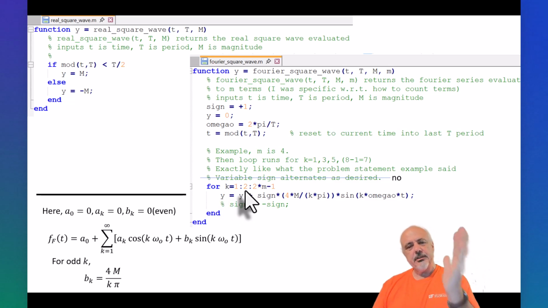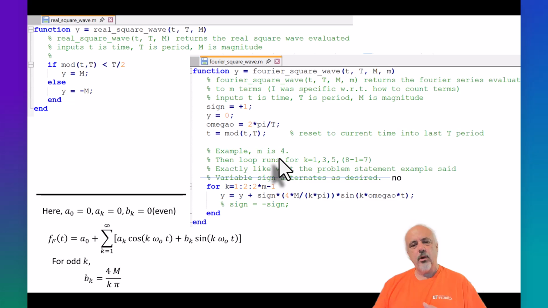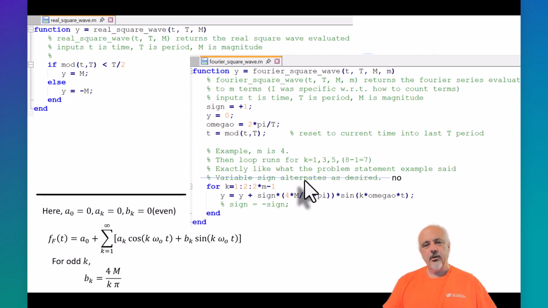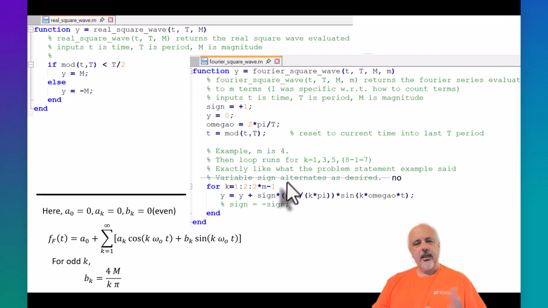I'm going to skip the 2. I'm going to go 1, 3, up to 2m minus 1. So in the example, let's say that m coming in is 4. That means I'm going to go 1, 3, 5, and then 7. So four terms would give me 1, 3, 5, 7 for k.